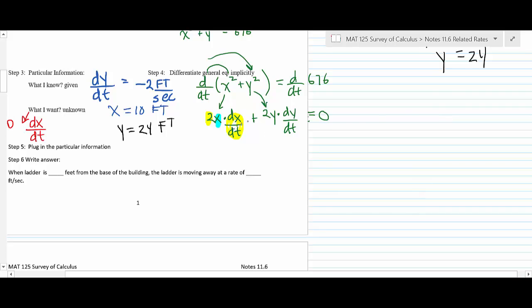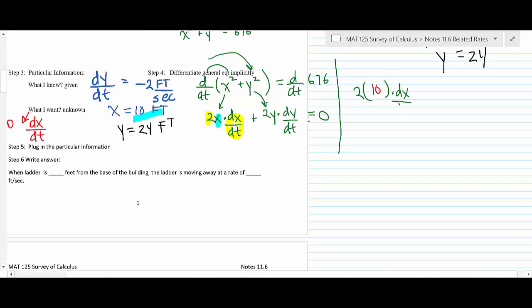Now what we're ready to do is plug in the particular information. You might as well just plug everything in now because we know everything. So what we're going to have is a 2. X was given. Look at the problem. X was 10. Plug it in, so that's going to be a 10 that goes there. dx over dt we don't know.